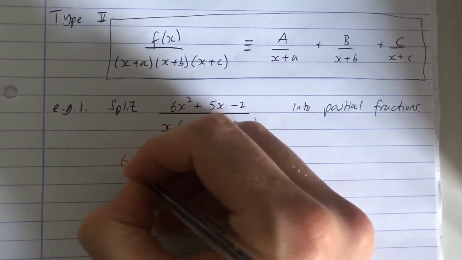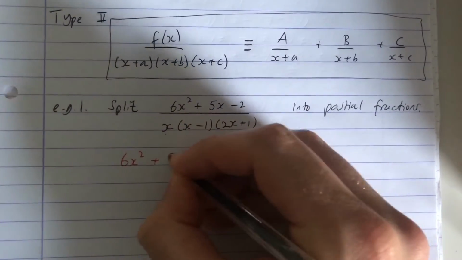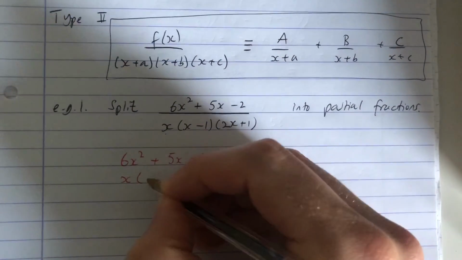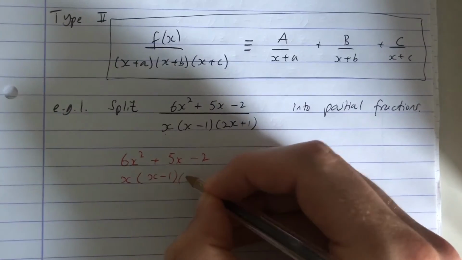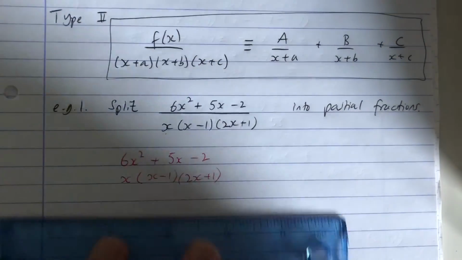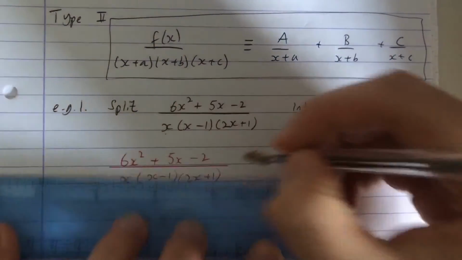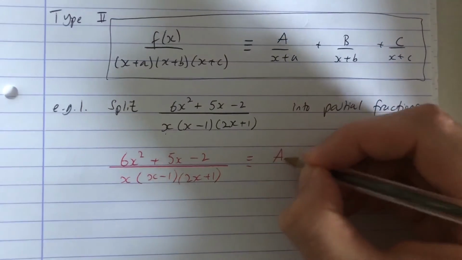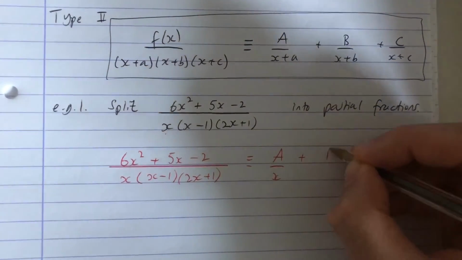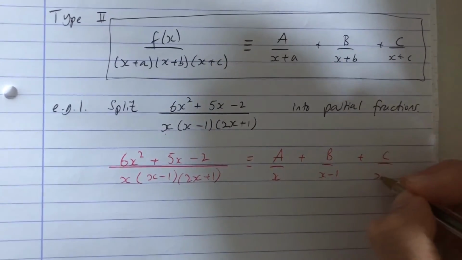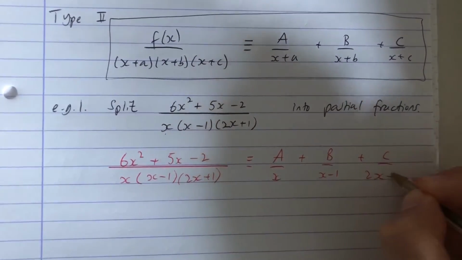Now I can predict what this is going to look like. So I've got 6x squared plus 5x subtract 2 over x brackets x minus 1 brackets 2x plus 1, and that's going to split up into, use the identity sign again, something over x plus something over x subtract 1 plus something over 2x plus 1.